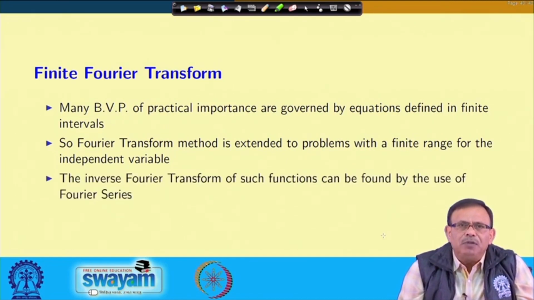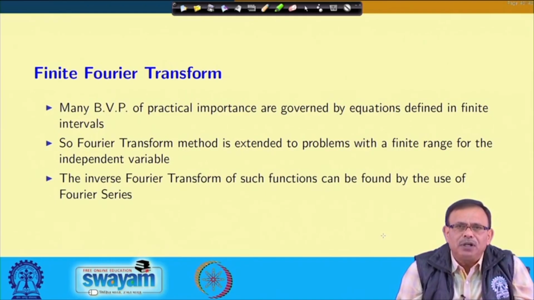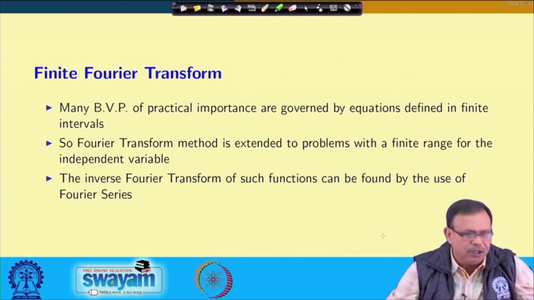And the inverse Fourier transform of such functions can be found by the use of Fourier series, as we will tell you.